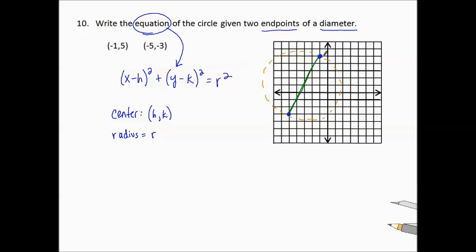Because the diameter goes through the center, it's got to be halfway between. So sometimes you can visualize it and see right where that center is. But sometimes it's hard to tell. So halfway is the midpoint of the diameter.